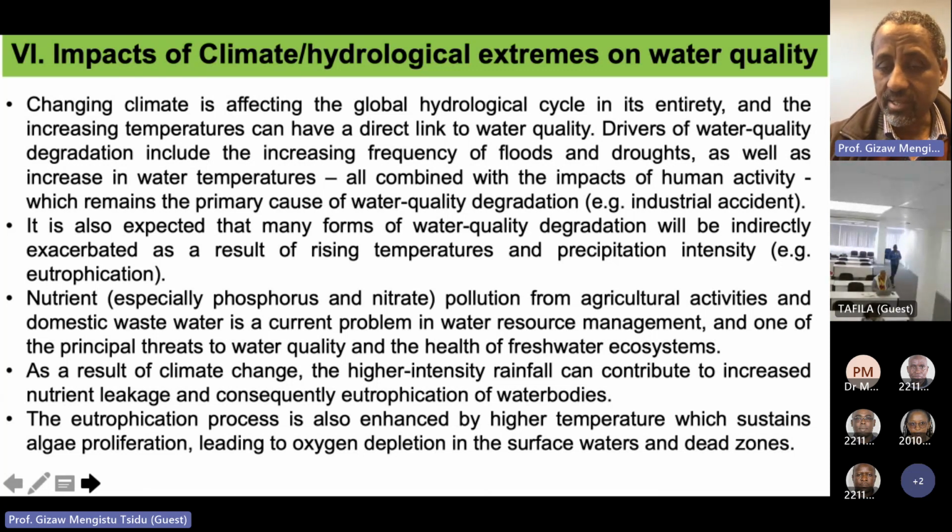And usually these are basically, once they enter water, they are pollutant. They are affecting the water quality. So the impact of climate change is also affecting water quality, and it's a very serious problem.